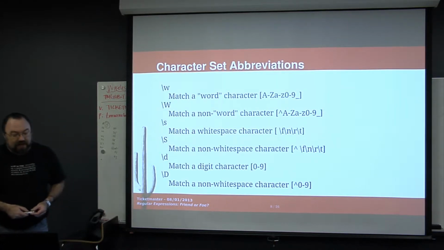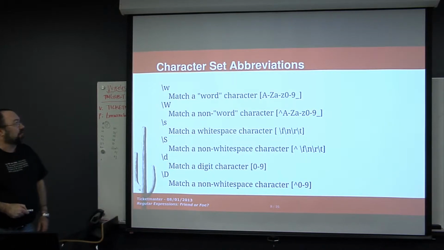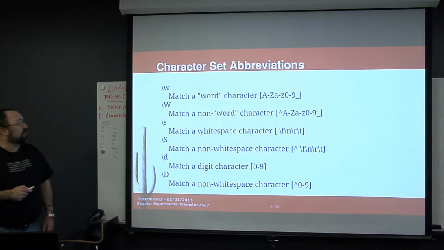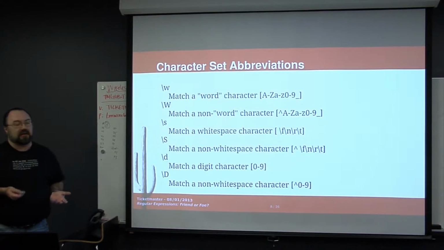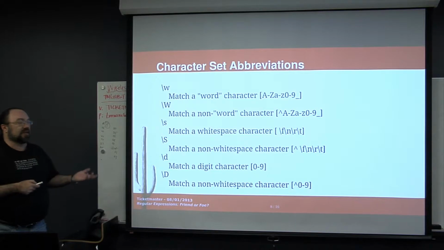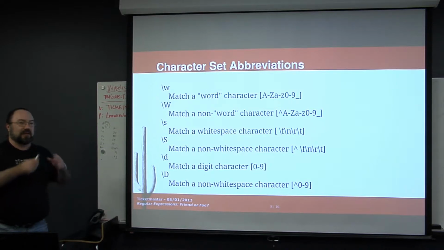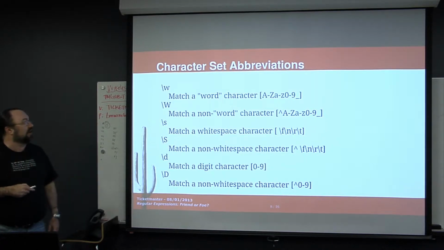Okay, now we're going to get back into some more definitions here. These are character set abbreviations. You've got character sets that are used so commonly that they decided it was worth making them into their own special short characters so that you don't have to keep specifying this long character set.